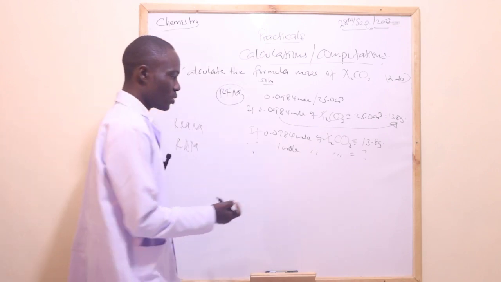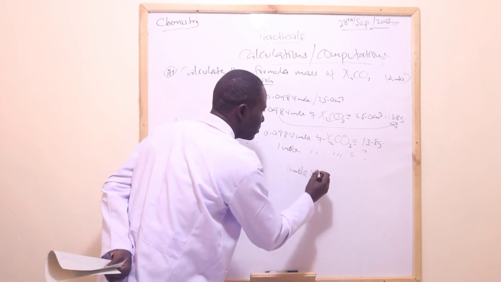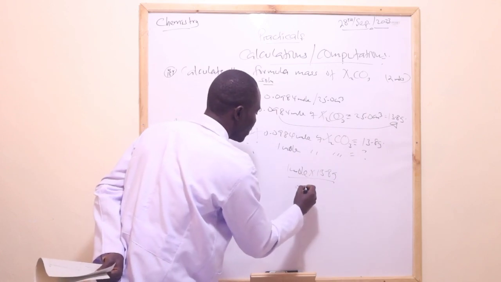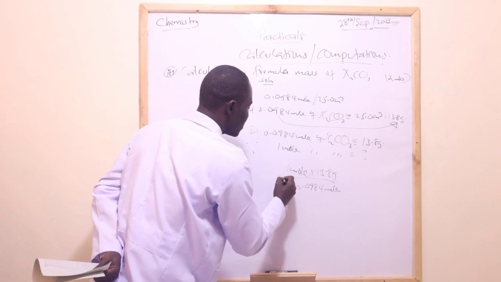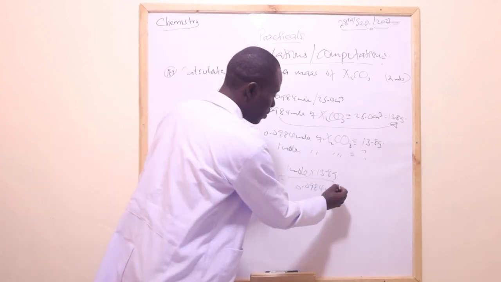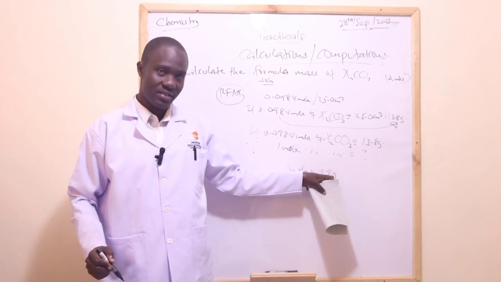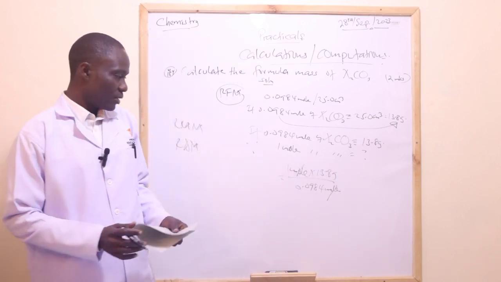So here, you have 1 mole multiplied by 13.8 grams, divided by 0.0984 mole. Moles cancel with moles, so what remains must be included in the answer.